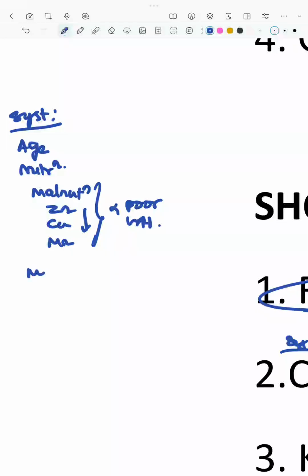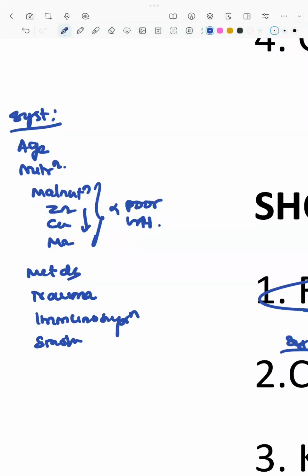Next, metabolic disease, trauma, immunosuppression, smoking, any vitamin deficiency, and any connective tissue disorder.